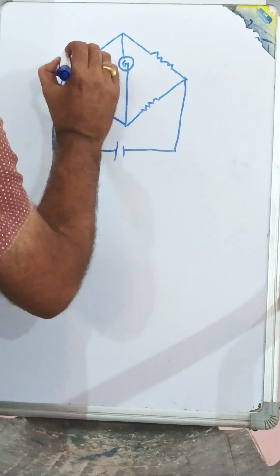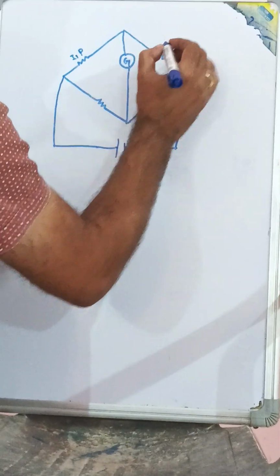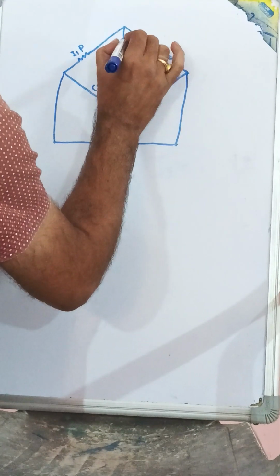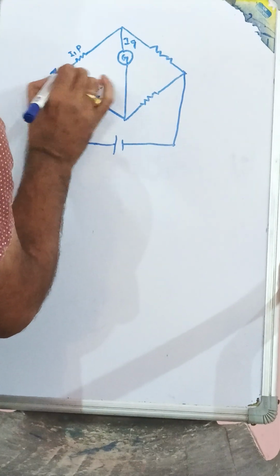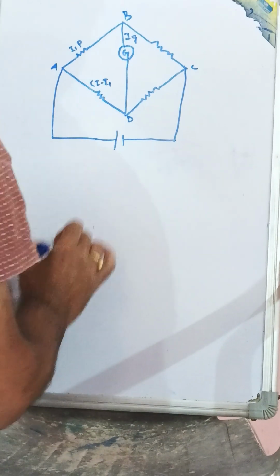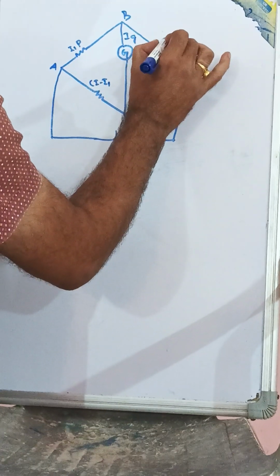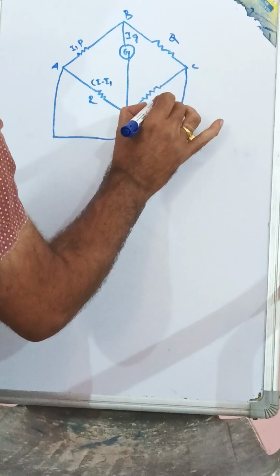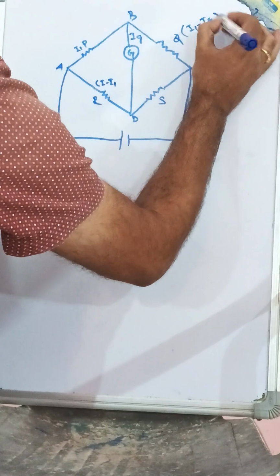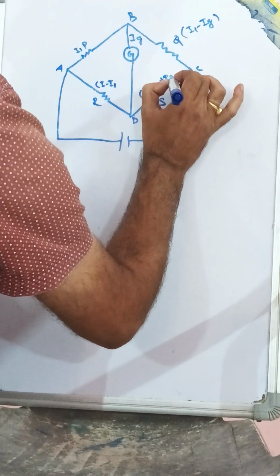Then this is I1 P. Okay, this is I minus I1. This current is Ig. Okay, A, B, C, D, P, Q, R, S. This is I1 minus Ig, that is I minus I1 plus Ig.